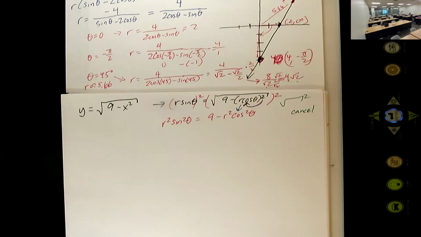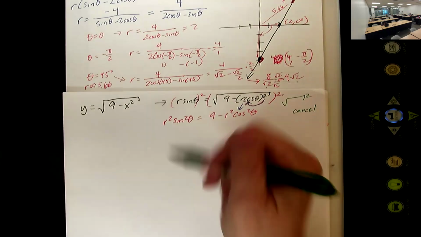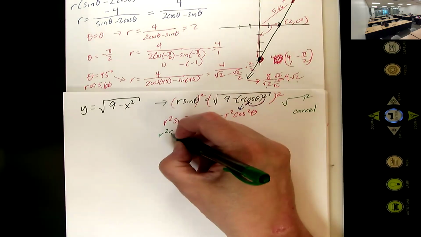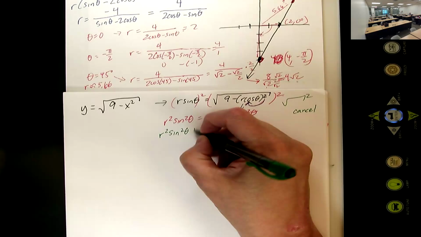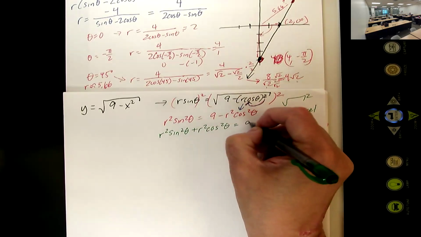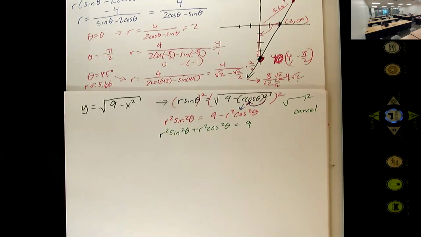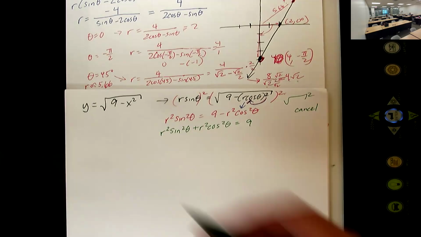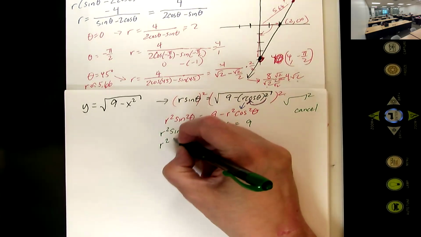You guys with me? I can add r squared cosine squared theta to both sides, and factor out the r squared.